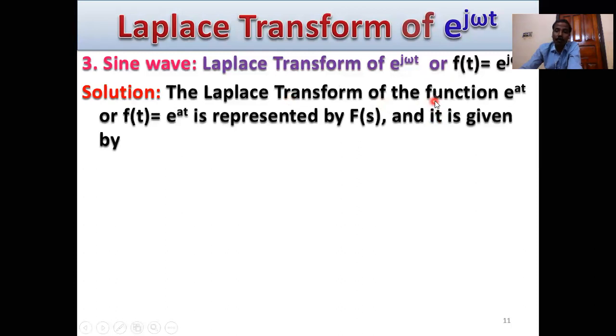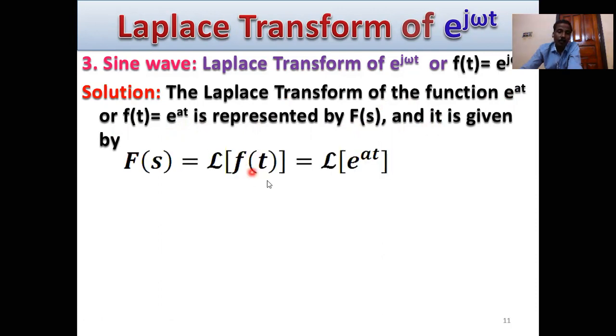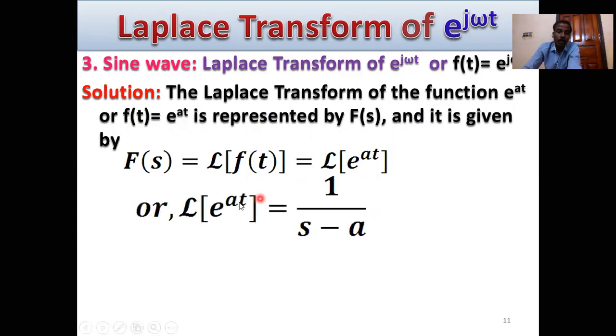The Laplace transform of f of t equals e to the power at is represented by F of s, and it is given by 1 by s minus a.